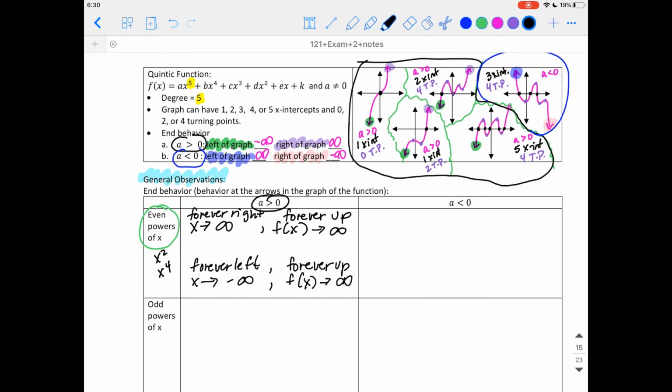So for a less than 0, we had that as x goes towards infinity, which is forever, right? Our y values are headed towards negative infinity because they're headed forever down.